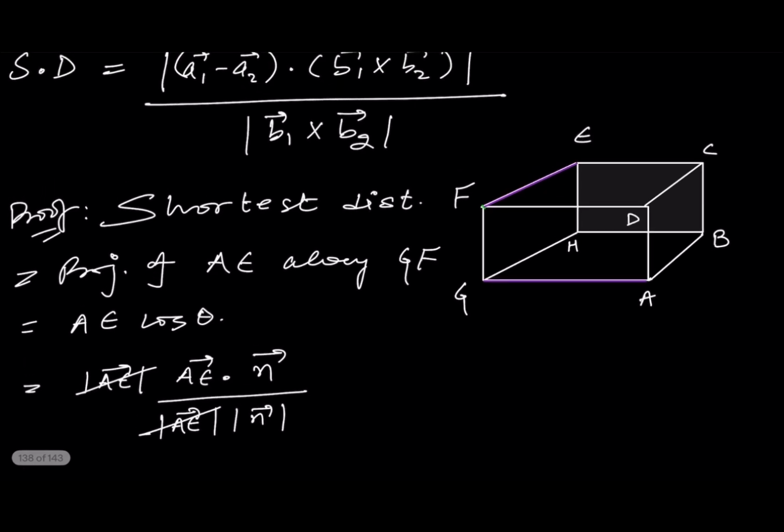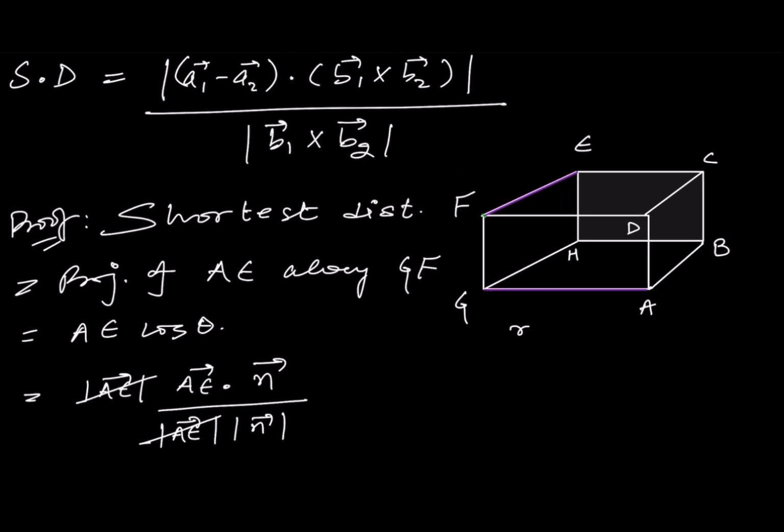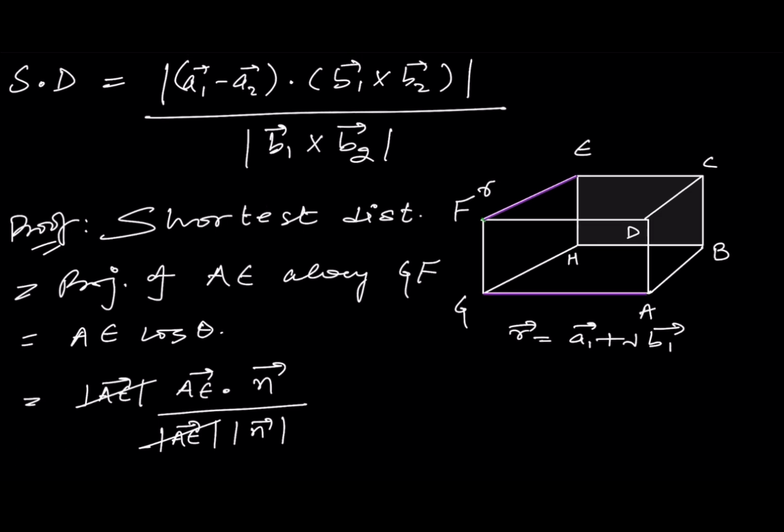So let us write equation of GA is r vector is equal to a1 vector plus lambda times p1 vector, and equation for FE is r vector is equal to a2 vector plus mu times p2 vector. Okay, say this is a2 vector, position vector of point E, sorry, and a1 vector is nothing but position vector of point A, right?